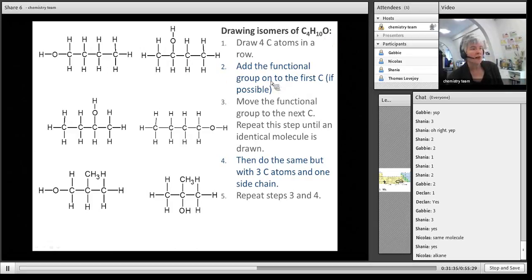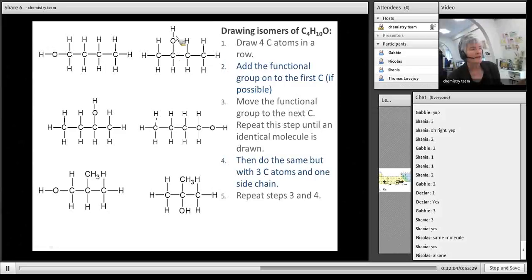So you add the functional group, and the functional group is the OH, so you add it to the first carbon. And then, of course, remember, you've got to put in all the hydrogens. They will mark it wrong if you leave out hydrogen atoms. Every carbon atom must be connected to the right number of other atoms. Okay. Then, to get to another isomer, just simply move the OH along. So we've moved it now to the second carbon.